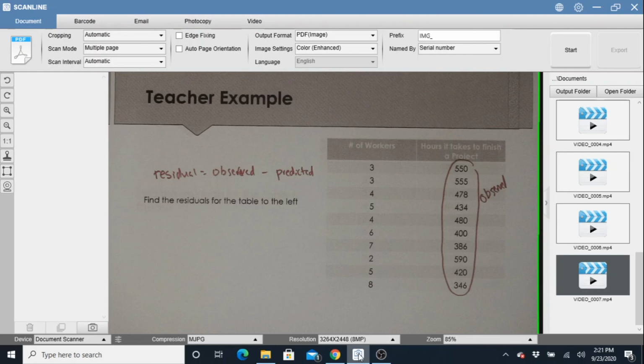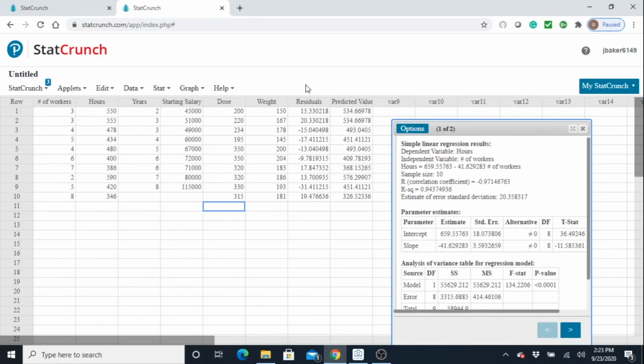What I'm really worried about is looking at these residuals and saying, how many are positive and how many are negative? So let's see. 1, 2, 3, 4, 5 are positive, and then 1, 2, 3, 4, 5 are negative. So we'll just go ahead and slide that back over there.